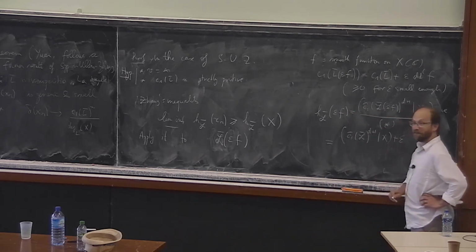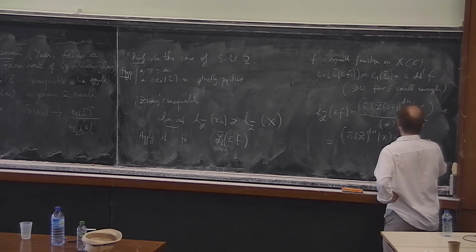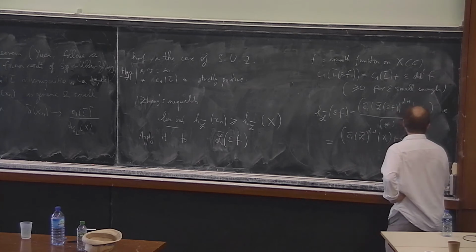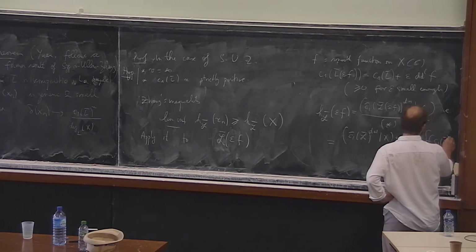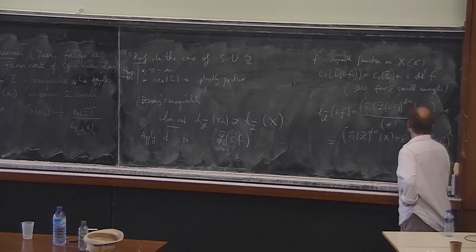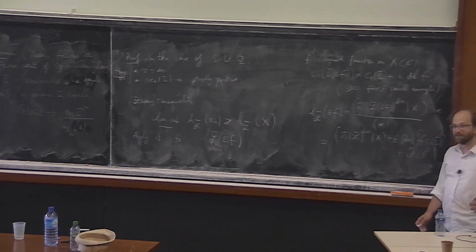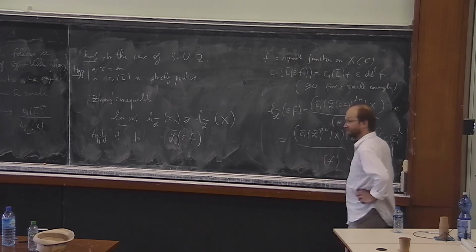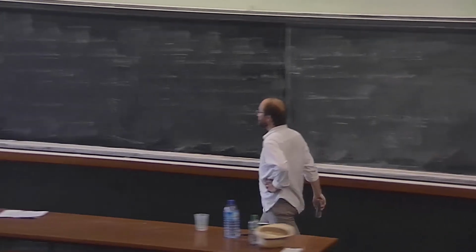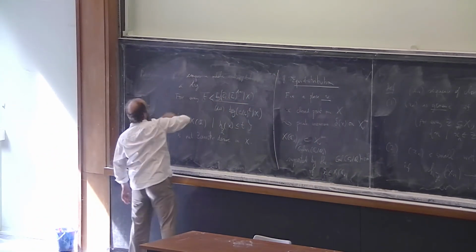And then the next term is epsilon times d plus 1 times the integral of f against C1 of L bar to the d, and then plus big O of epsilon squared. The rest I ignore. And divided by whatever it is. And so the first term is just what it is for epsilon equals 0.